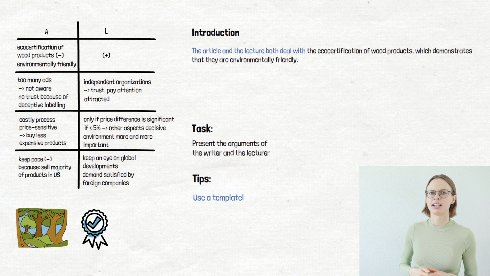In the rest of your introduction, you have to tell the reader that the author and the lecturer are of different opinions and that the lecturer opposes the author's claims.